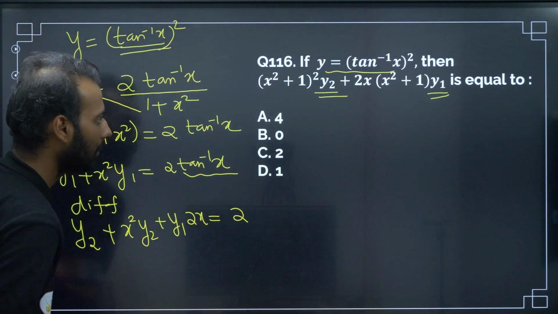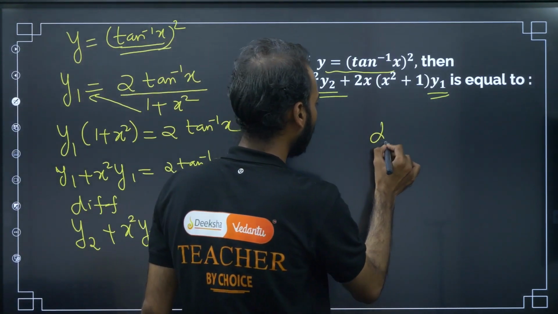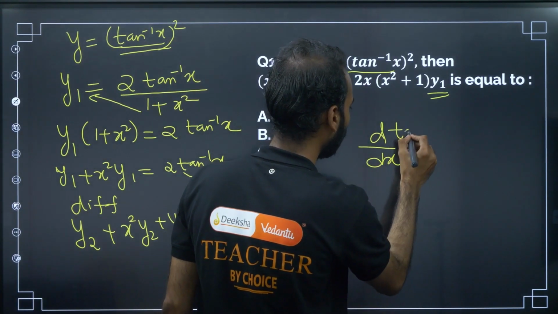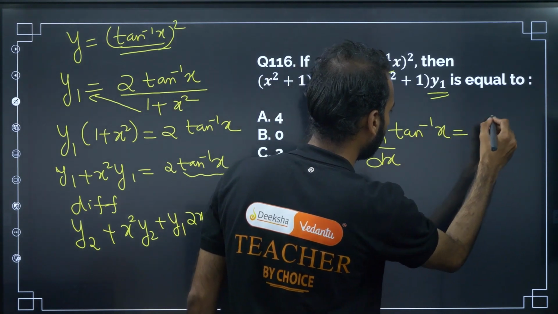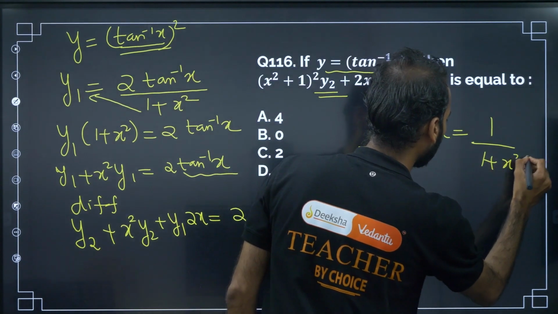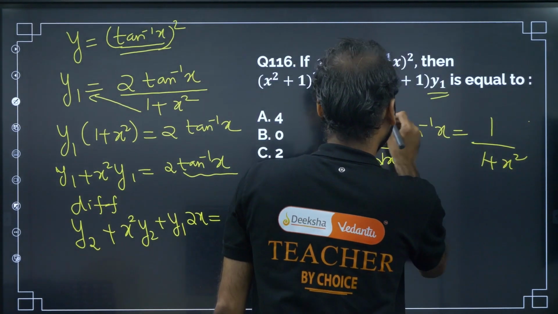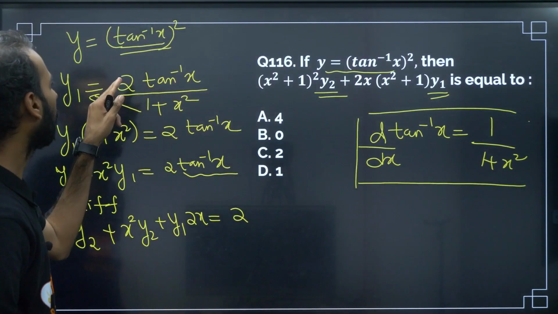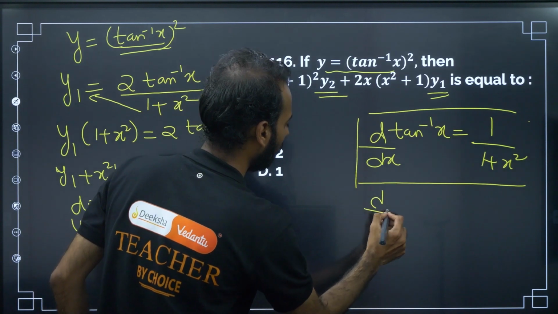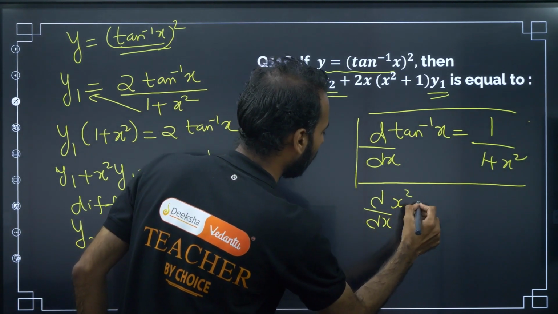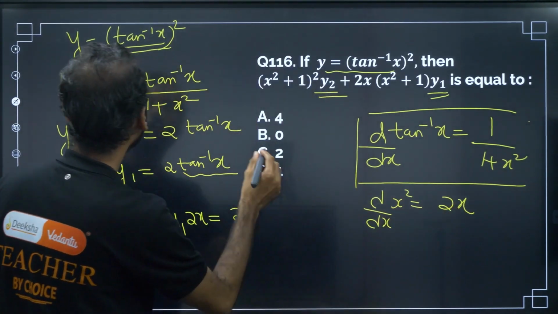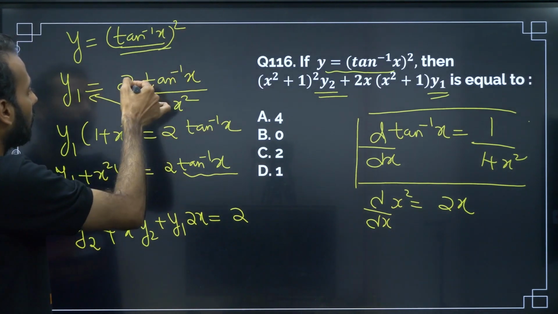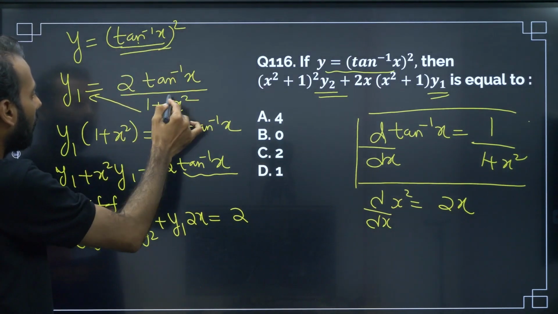Differentiation of tan inverse x, some formulas if anybody doesn't know, although they have to know all these formulas. d by dx of tan inverse x is 1 by 1 plus x square, standard formula, that I am using here. Also d by dx of x square is 2x. So in the first attempt a square function was there, so I have written like this, and then I have differentiated the inverse function.